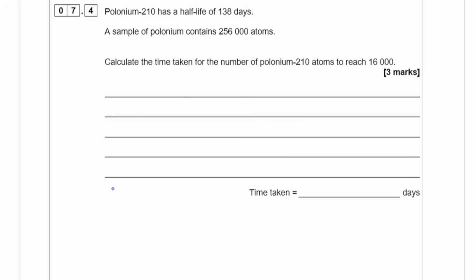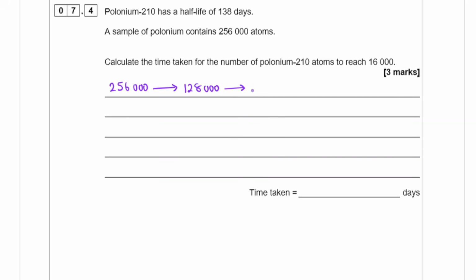So let's use a really simple method to find the number of half-lives. So 256,000, if I divide that by 2, because after one half-life it's going to be halved, so that will be 128,000.